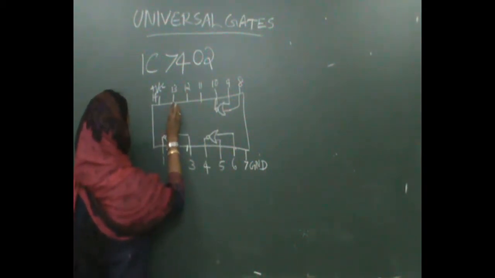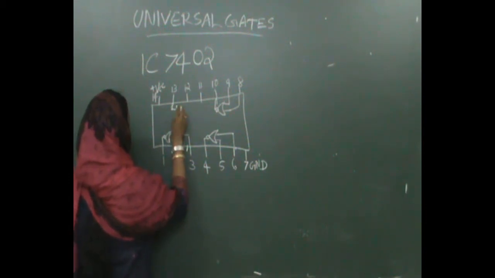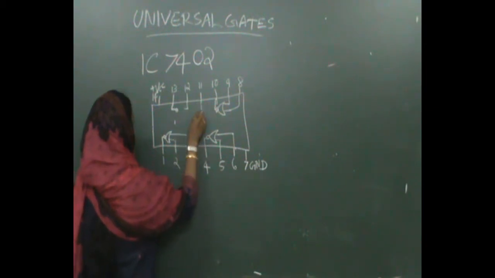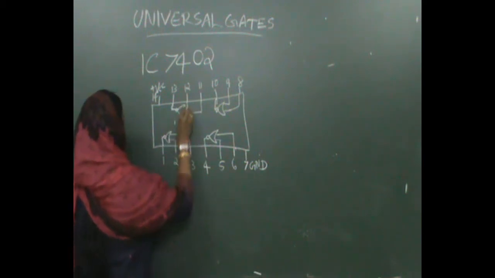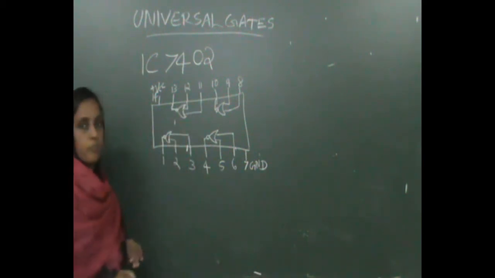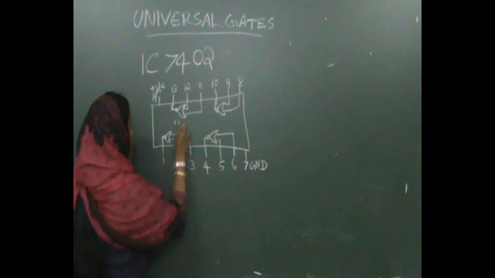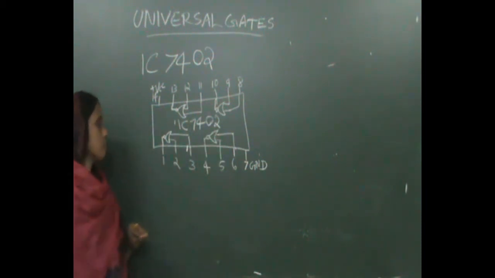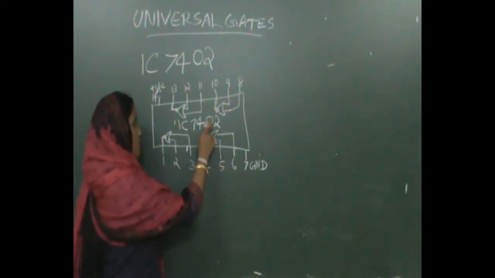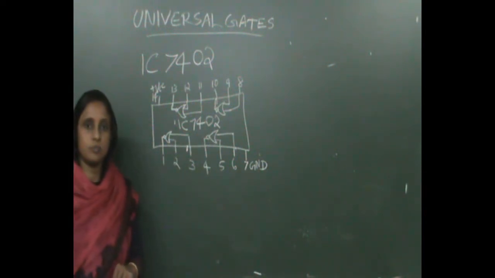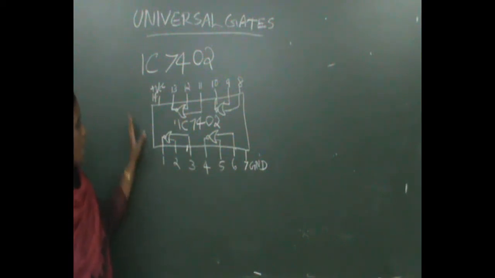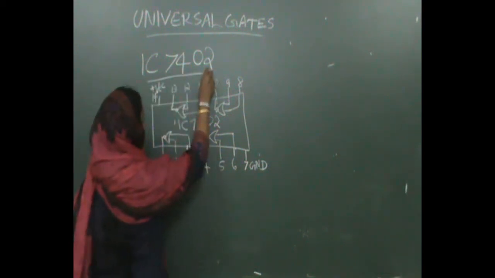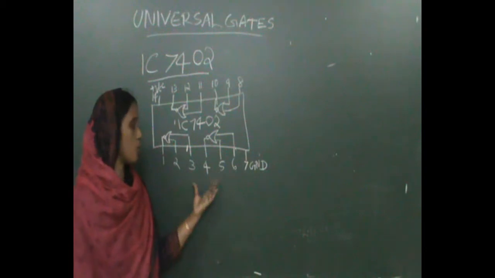Here also, this is the output. Okay, this is IC 7402. These are the pin diagrams of IC 7402 NOR gate.